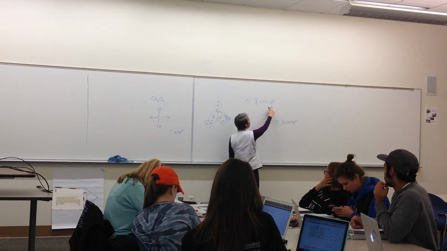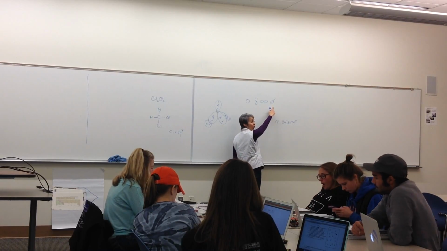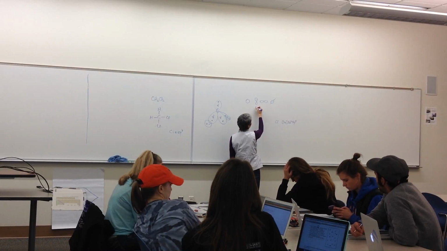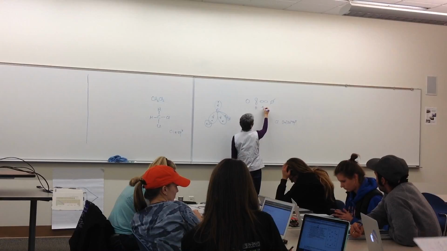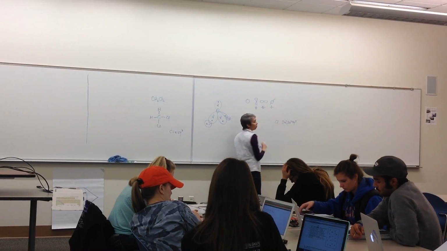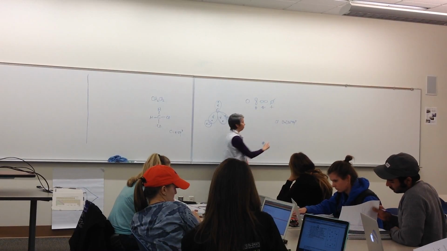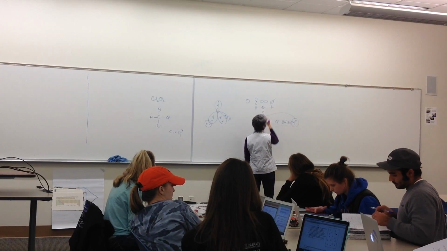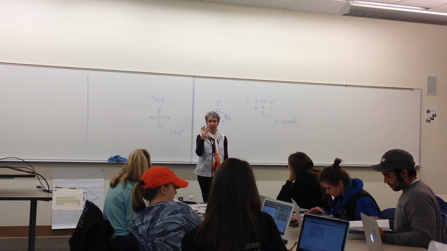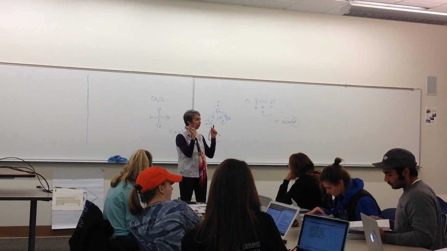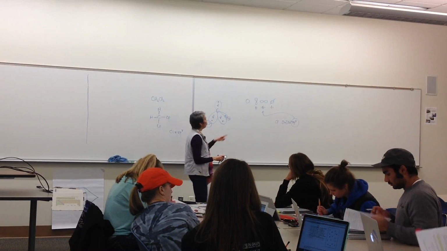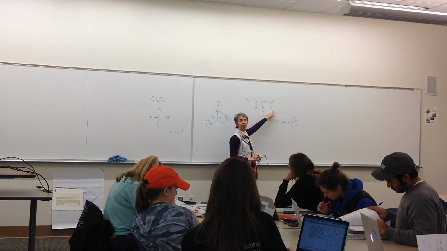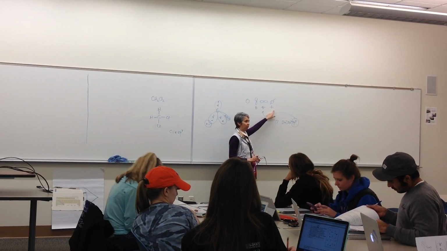So if these were the p orbitals of chlorine, this one would be filled, this one would be filled, and that one would be half filled. This is the 3p5. Does that kind of connect with what you remember about electron configurations? So one of its orbitals is half filled, which means it can do some bonding.